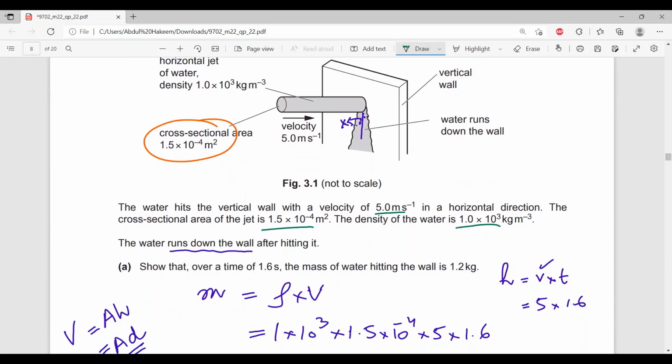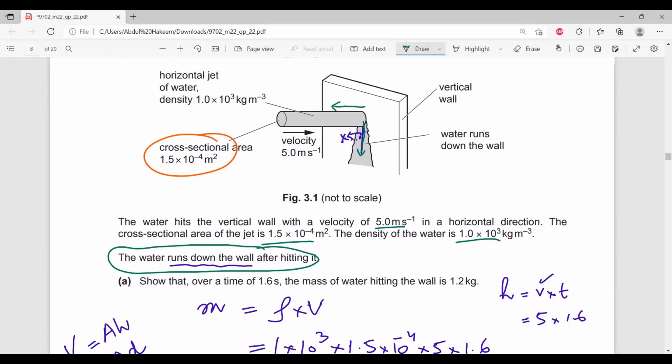The water runs down the wall after hitting, meaning there is no rebound velocity; it's not moving back. So it is falling vertically down. If this is the initial velocity, then in the same direction the final velocity will be zero, because the water is not bouncing back from the wall.